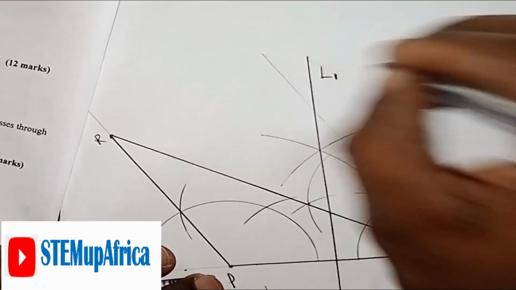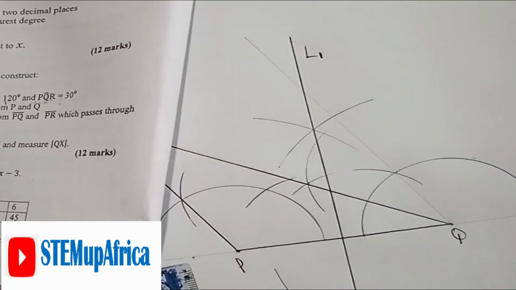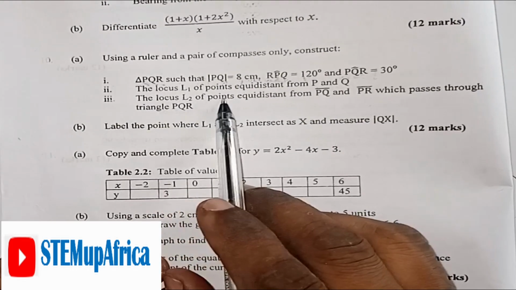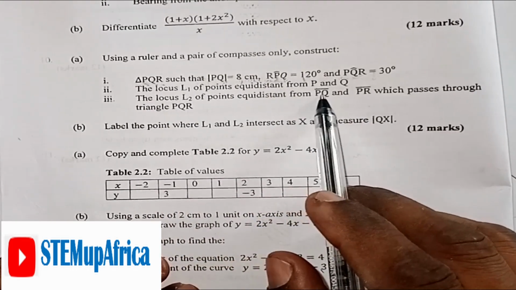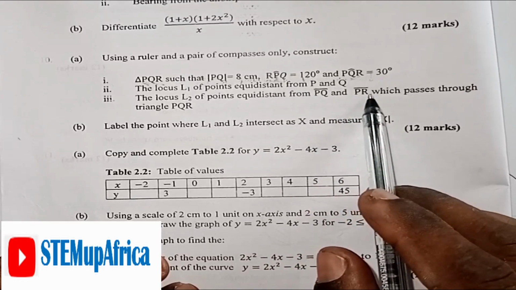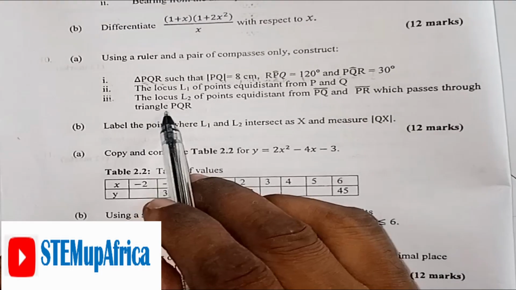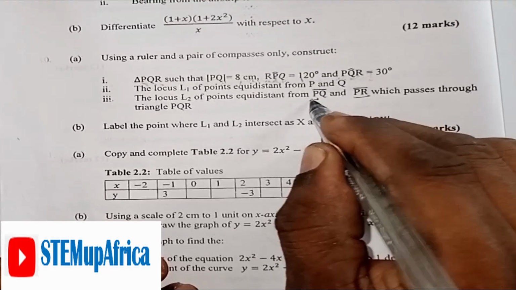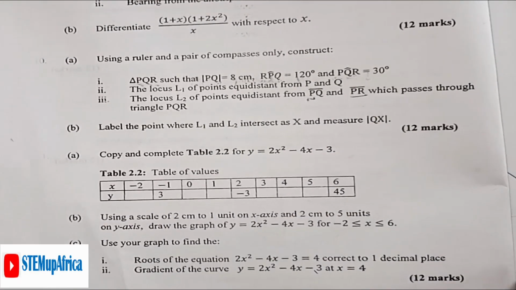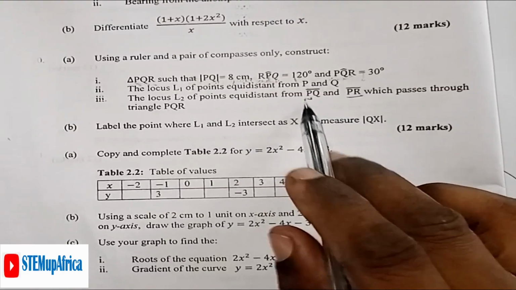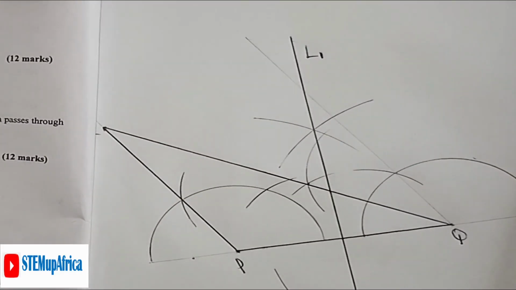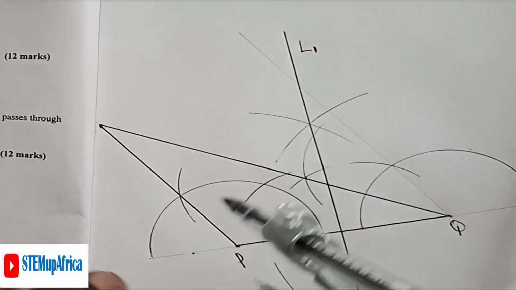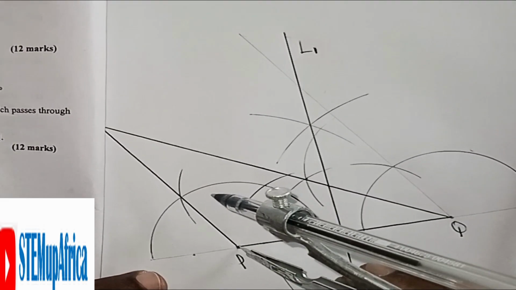This is now locus 1. Then if you go back to the question, Roman figure 3 says construct locus 2 of the points equidistant from line PQ and line PR, which passes through triangle PQR. Now, there's a common point between them, which is P. So let's bisect angle P. I can bisect this arc, or I may choose to draw a different arc and bisect it.